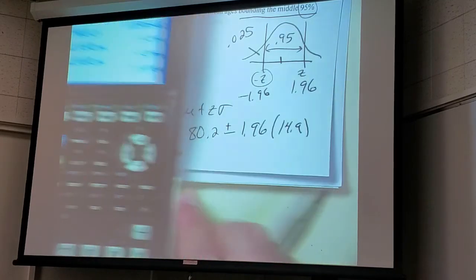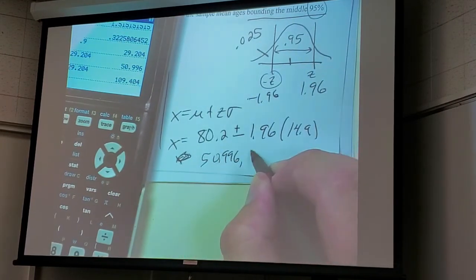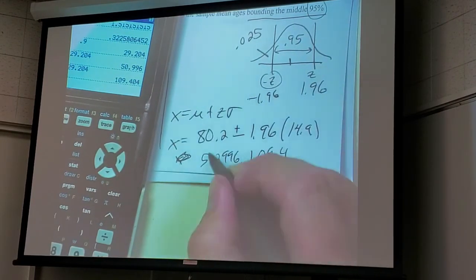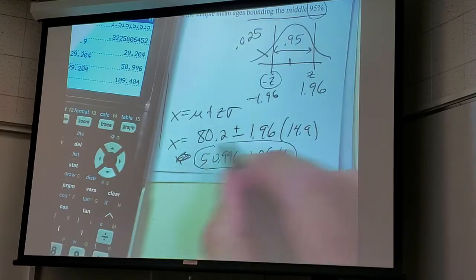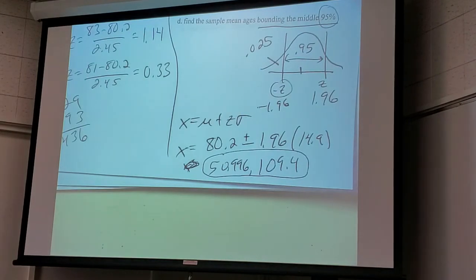So I go from basically 50.996 up to 109.4. So 95% of all babies born in 2004 will live to between about 51 and 109 years old.